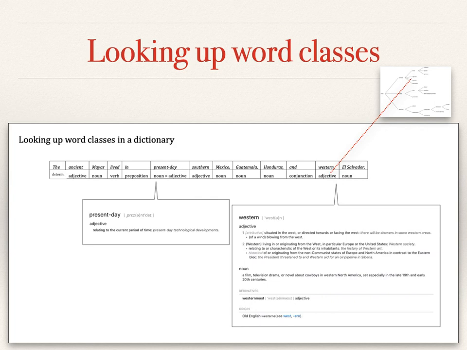Lived, a single verb, forms a verbal group. And in present day southern Mexico, a prepositional phrase. We'll talk more about groups and phrases, but this is a warm-up for the recognition that words don't function directly in clauses, but they function organically as parts of groups and phrases.